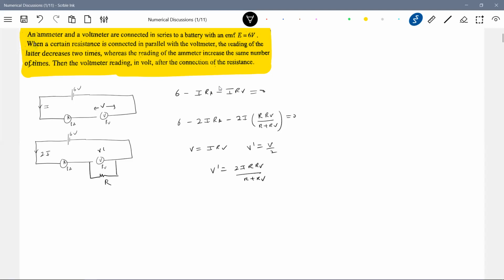Resistance of the ammeter will be there as it is, RA. I think this much data is what we have. Let me go for the next one. IRV, we can write it as 2V by R plus RV.